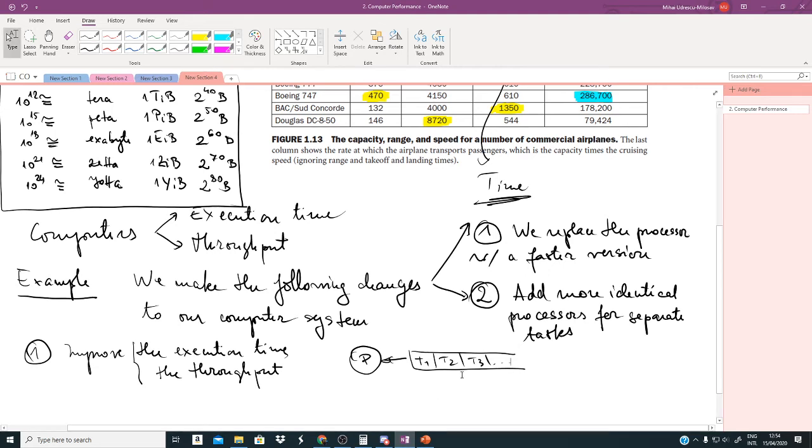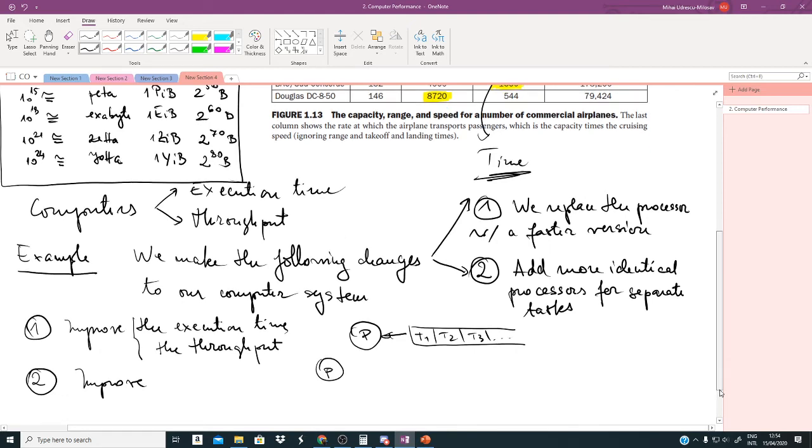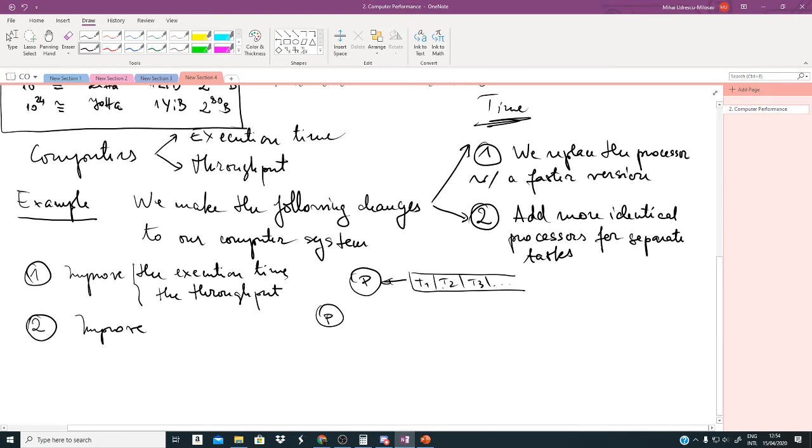Okay, so that's with one. But what about two? Obviously you improve with two. So what do you have with two? You have one processor and you have computational tasks. So you have this situation.